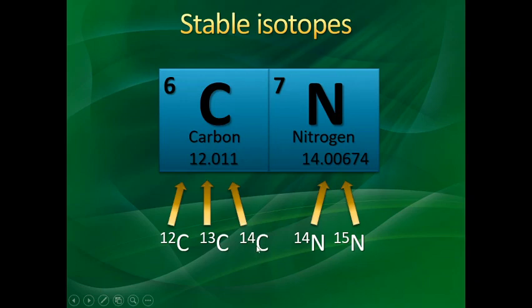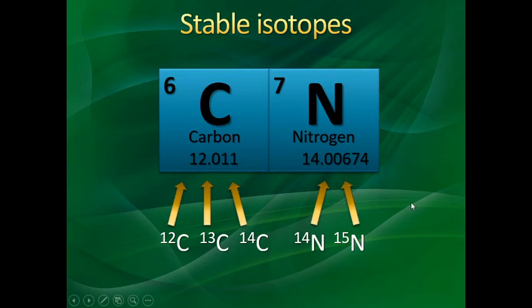Carbon-14 breaks down, but carbon-12 and carbon-13 are the stable ones, and carbon-12 is the overall huge majority of what carbon is. That's why this is so close to 12 here, but then there's a little bit of 13 and even less 14. Same with nitrogen. You have two stable isotope forms, with an overwhelming majority of nitrogen-14 with some 15 in there.